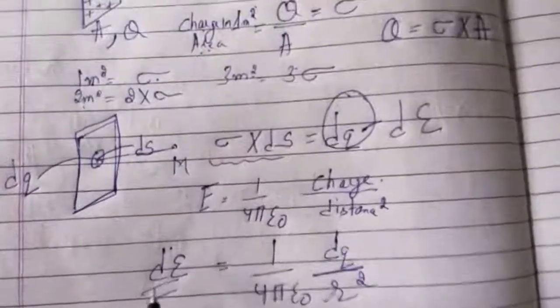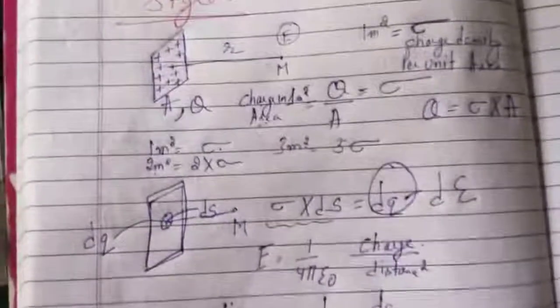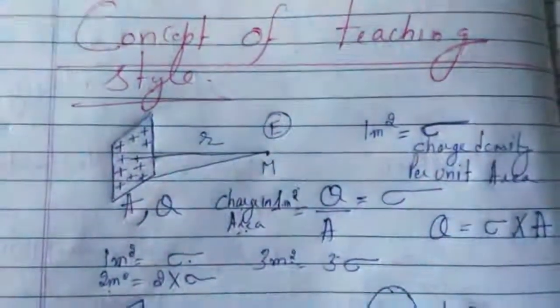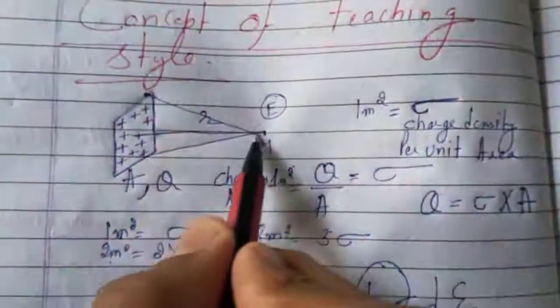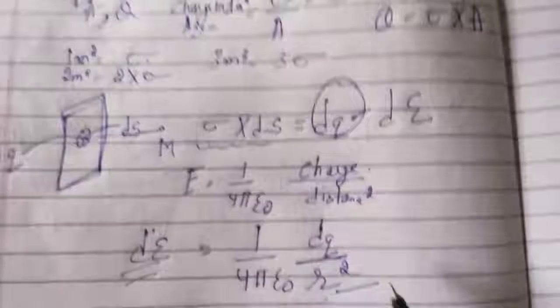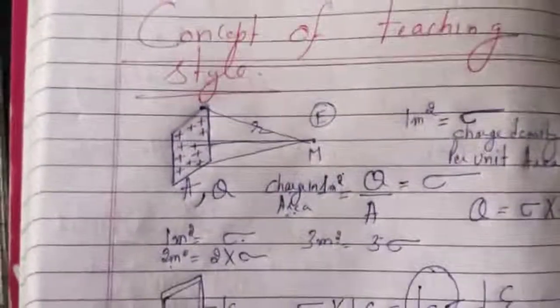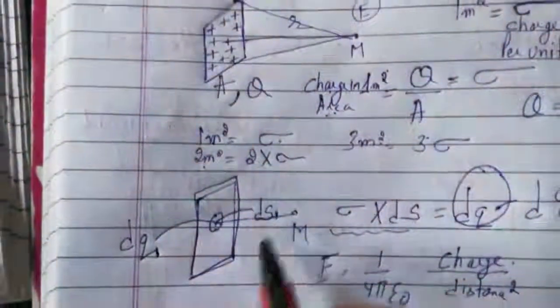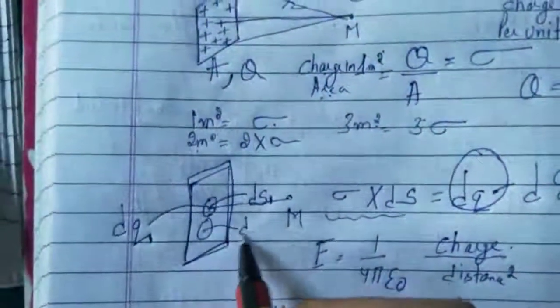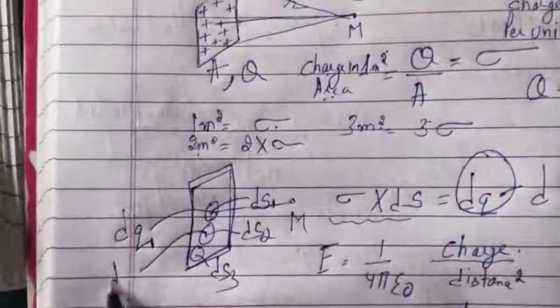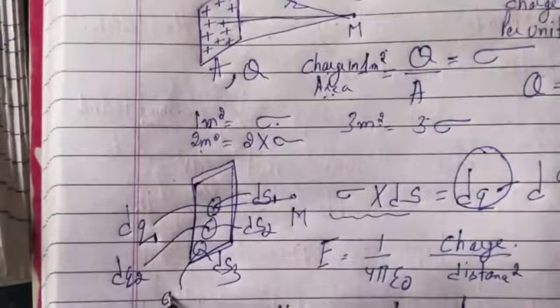If you want to find the complete electric field at point M, you also have to consider the charge here and here, so r is varying, r is not constant. You have so many surfaces like this: ds1 with charge dq1, second surface ds2 with charge dq2, third surface ds3 with charge dq3, like this.